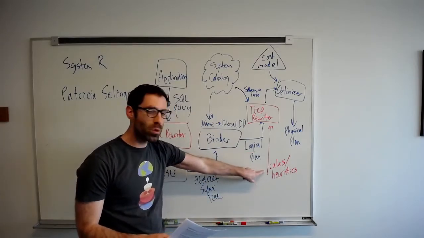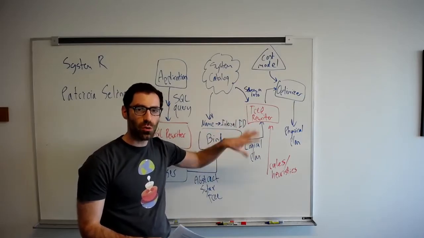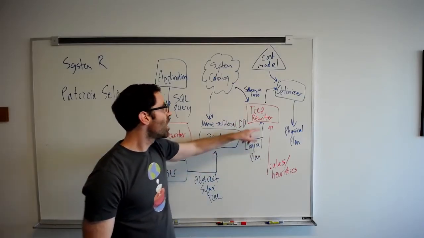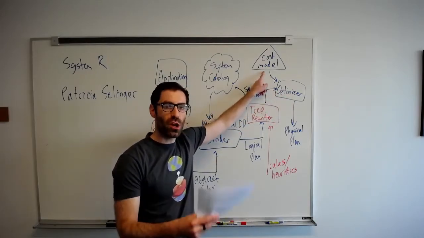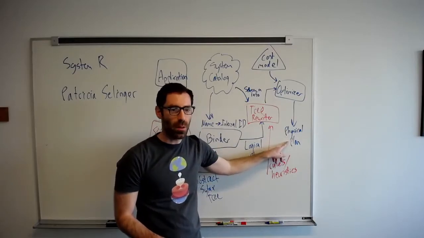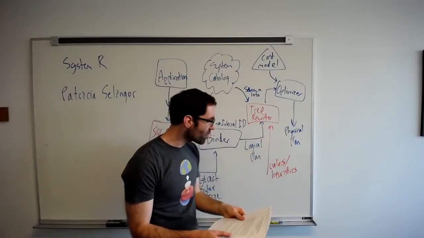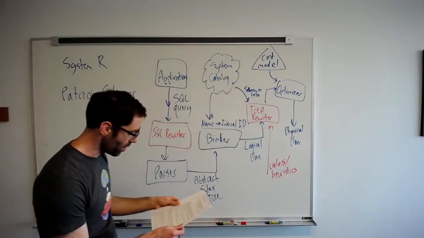One is this rules and heuristics. What sort of transformations would we do on this logical plan to make it more efficient? And second is this optimizer that is doing some sort of estimation of the cost of different possible plans in order to produce a particular physical plan. So we're going to start with these rules and heuristics and then move on to the cost model.